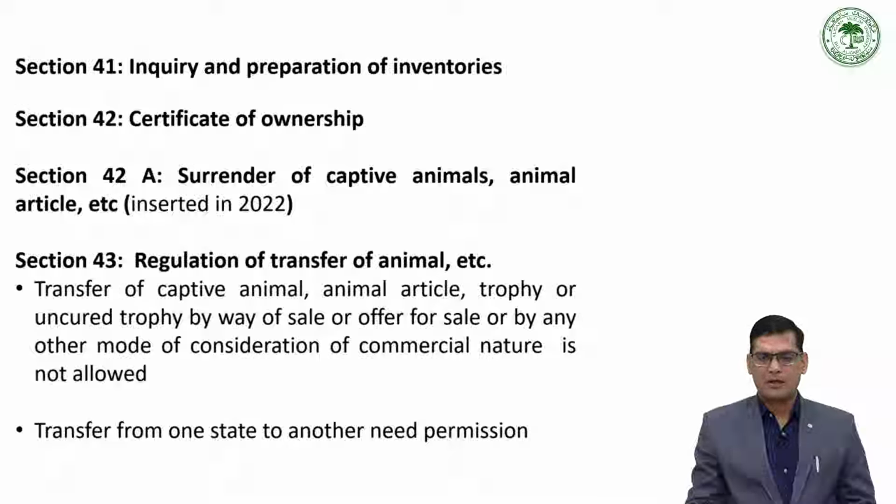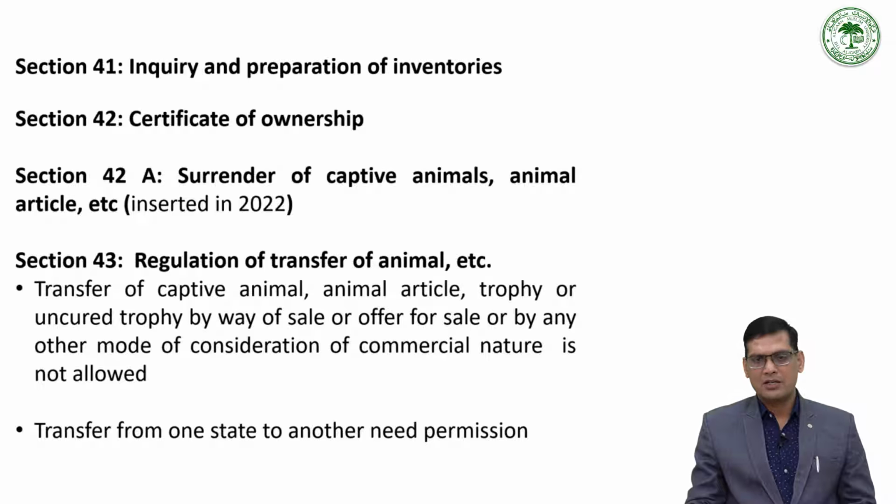Under Section 42A, any person having a certificate of ownership in respect of any captive animal, animal article, trophy or uncured trophy, meat or ivory imported into India, or an article made from such ivory, must surrender the same to the Chief Wildlife Warden and it becomes the property of the state government.